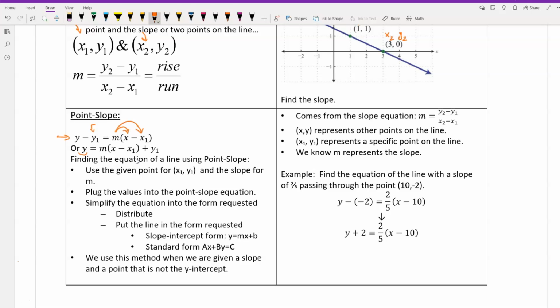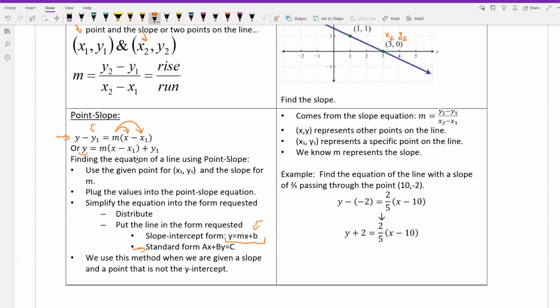So to find the equation of a line using point-slope, we have to use the given point x1, y1, and the slope m. Plug the values into the point-slope equation, exactly what we did on top. Simplify the equation into the form requested. So we use the distributive property, and we isolate y to have slope-intercept, which is y equal to m times x plus b.